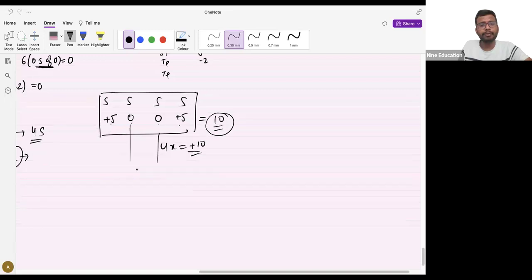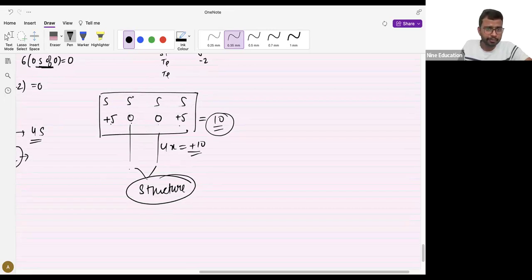And how can I make the structure from the oxidation state of each sulfur? See, this sulfur is 0 oxidation state. If this is 0, it is not attached to any oxygen. It is attached only to sulfur, same as here. So these two sulfurs are attached to sulfur with no oxygen, therefore 0 oxidation state, elemental.